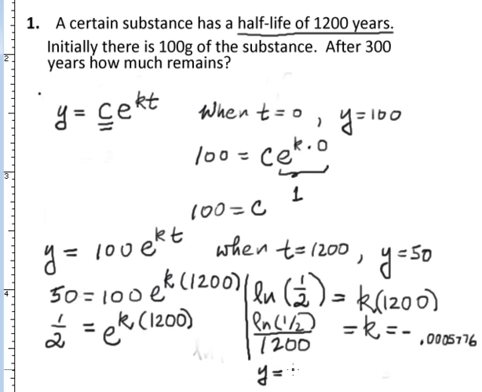So y is equal to 100, that's c, e to the k, so we have this constant over here. And t is 300. And we just do this on our calculator, and we get that y is approximately equal to 84.0896, and that would be grams.